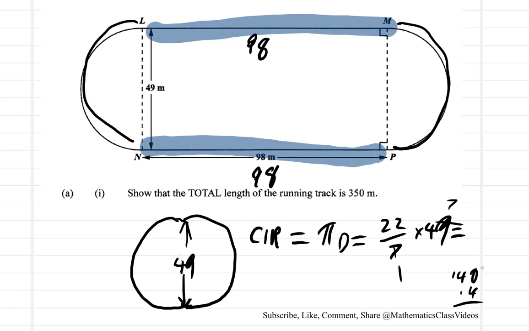So 140 and 14 is 154 so far. So that's for the curved part of the track. And then the 98 plus 98. So we have 154 plus 98 plus 98 should give us the 350.